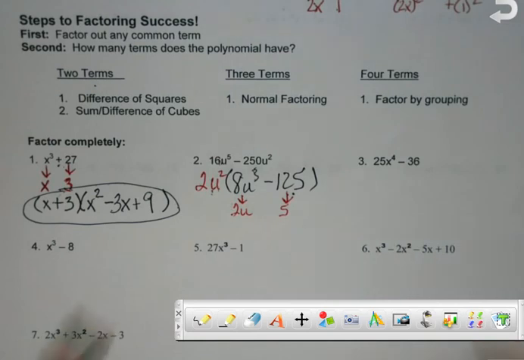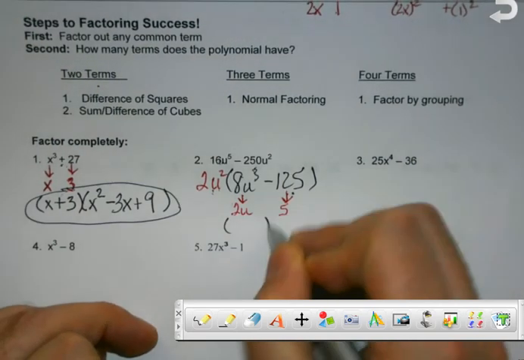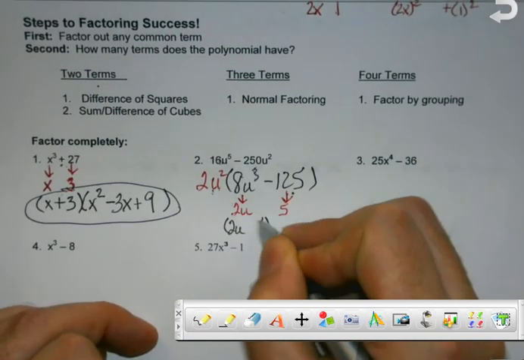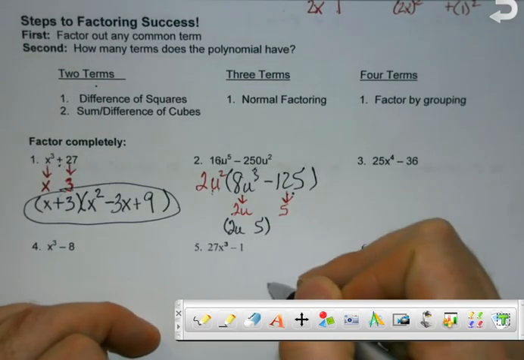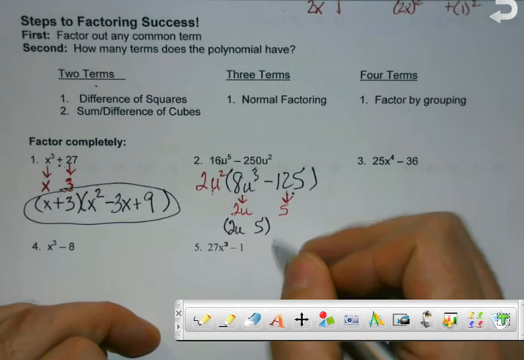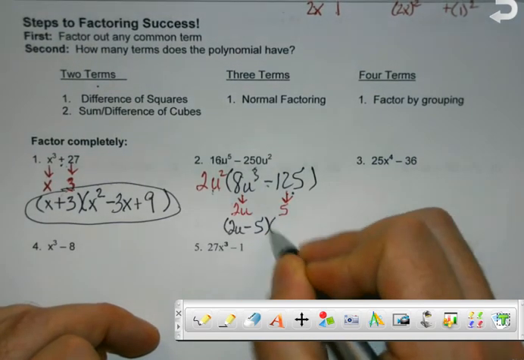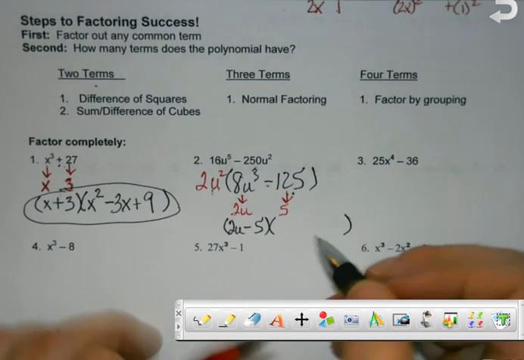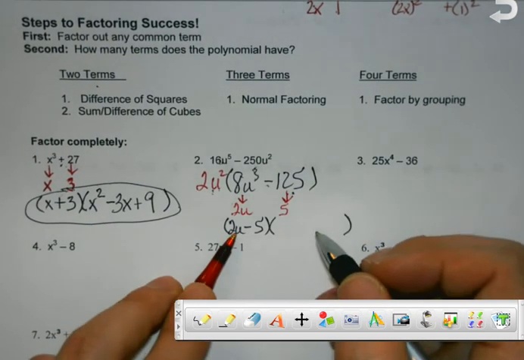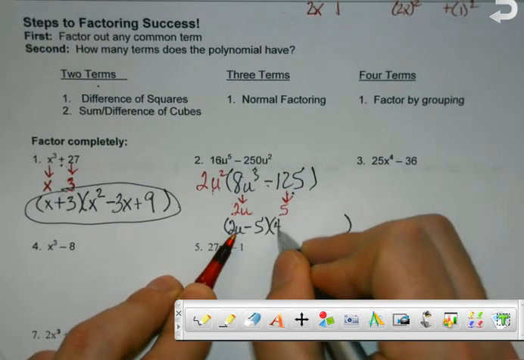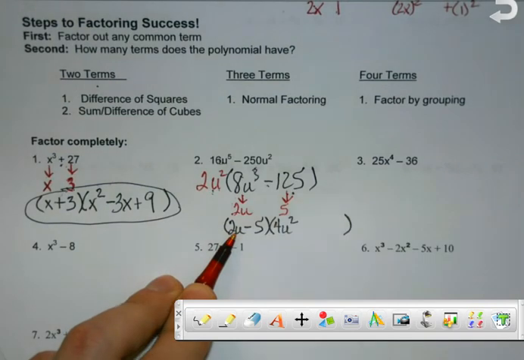So now I'm going to go to work here. I'm like, okay, I know it's 2u and 5. What sign's going to go in the middle? Minus, because it's subtraction. All right. So then, here we go with the pattern again. Square my first term, which means the coefficient and the u.